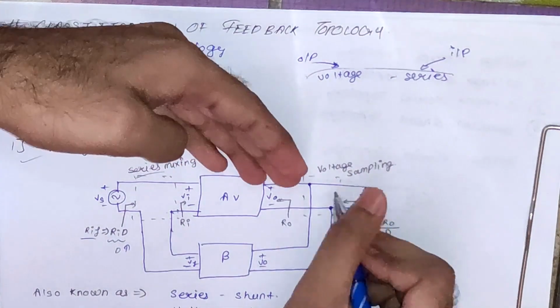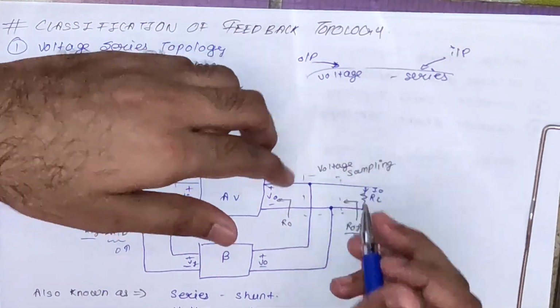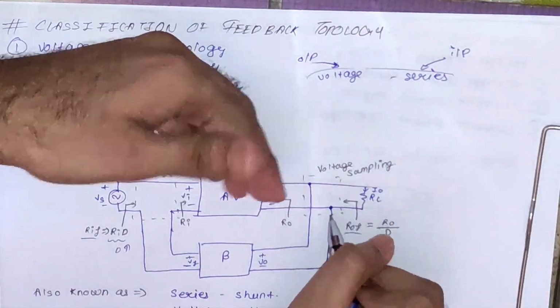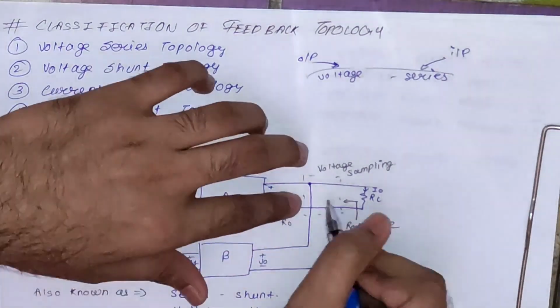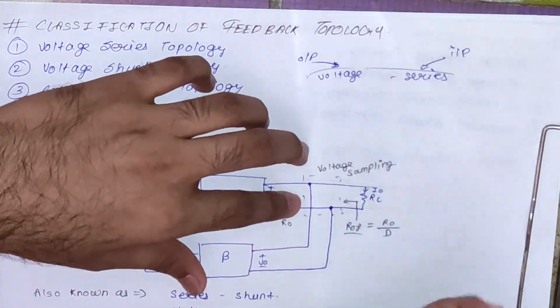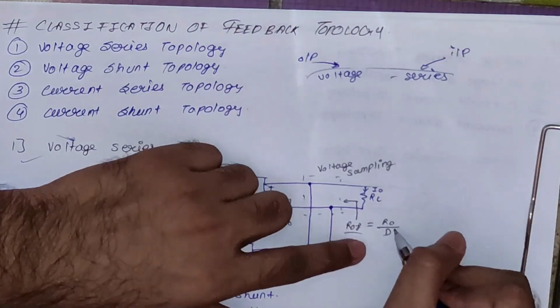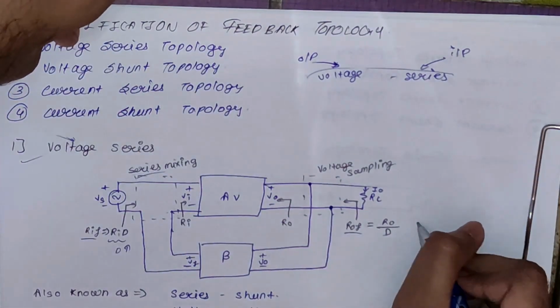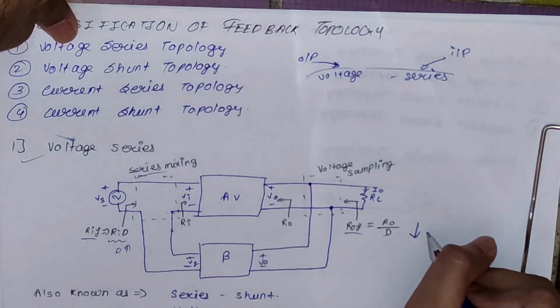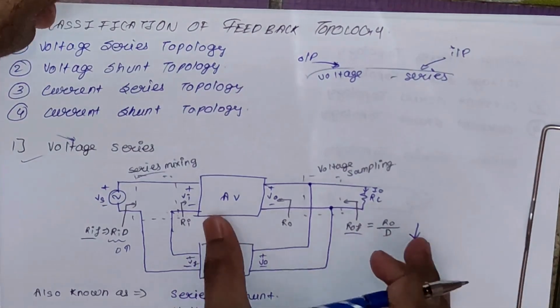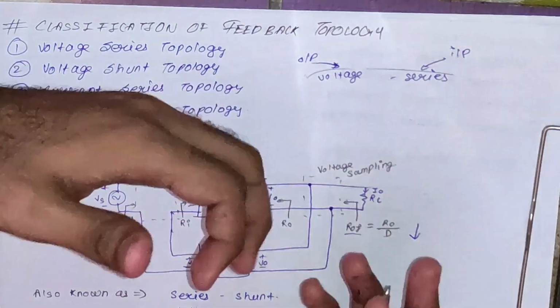And since we have used voltage sampling, which we have done by connecting a shunt, the output resistance is going to decrease. So you can see the output resistance with feedback is written as RO by D. So this is going to decrease the output resistance. You should take note of it because this will be helpful to solve problems.